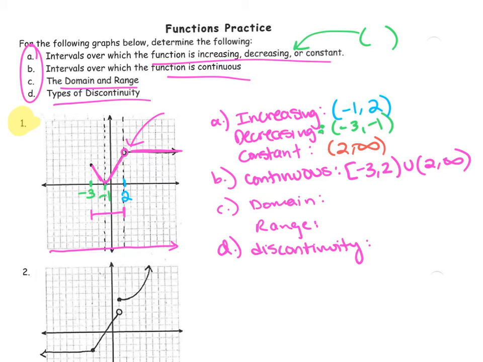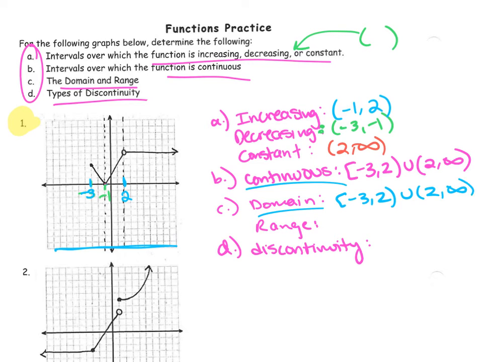All right. Now we want to talk about domain and range. So let's see, domain and range. All right, well, again, what are the x values for this function? So if we consider just the x values for this function, we go from -3 to 2, and then from 2 to infinity again. So actually, where the function is continuous, that's also our domain. We're going from -3 to 2, unioned with 2 to infinity.